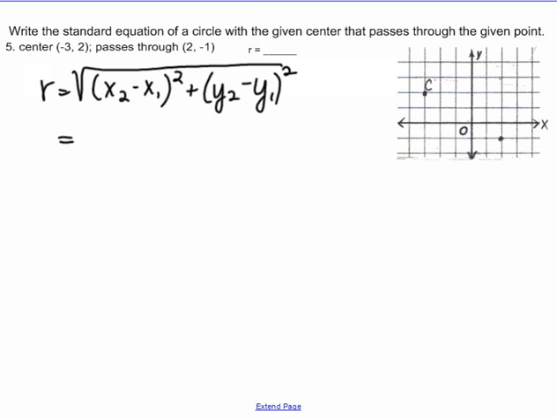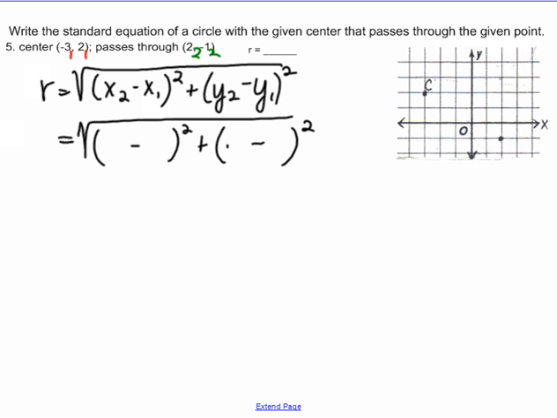Okay, so let's do this. I'm going to put 1s here. These are my 1s. These are my 2s. And I'm just going to start plugging it in. My x2 is 2. My x1 is -3. Don't forget the signs, guys.